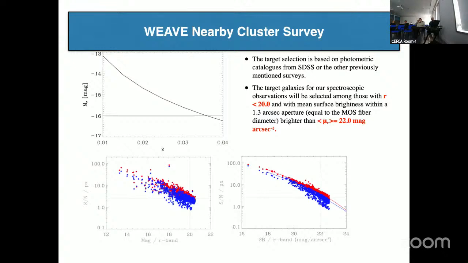This is the signal to noise that we expect with the blue arm and the red arm of the WEAVE spectrograph. Up to magnitude 20, we expect a signal to noise per pixel of about 2.5 to 3, and up to surface brightness 22, we expect about 2.5 signal to noise per pixel.